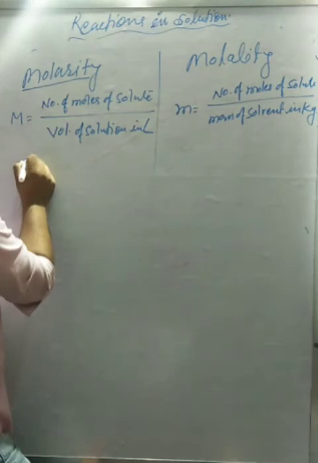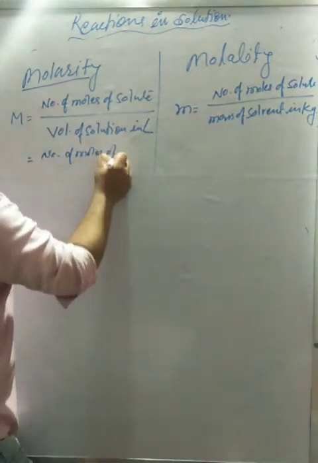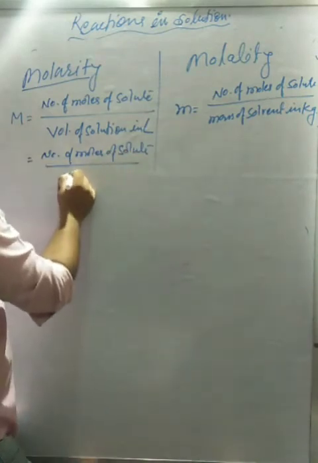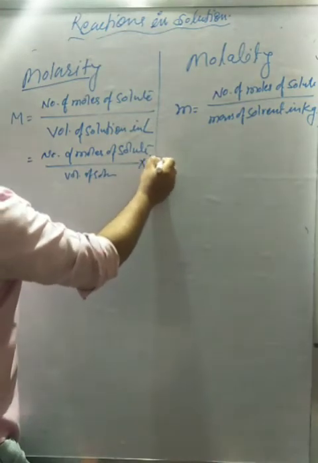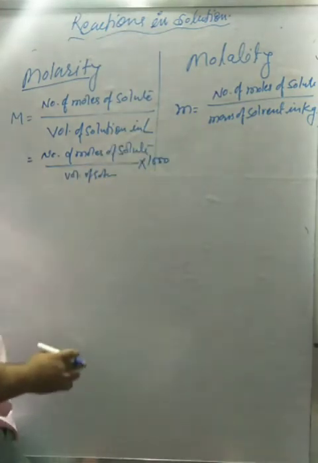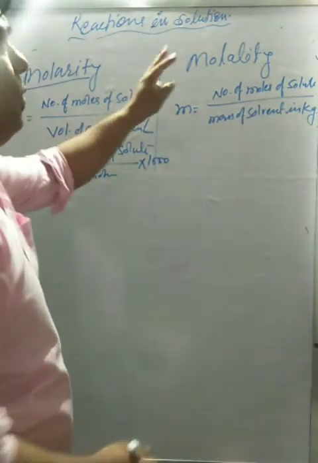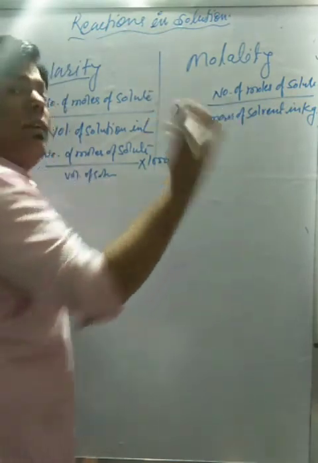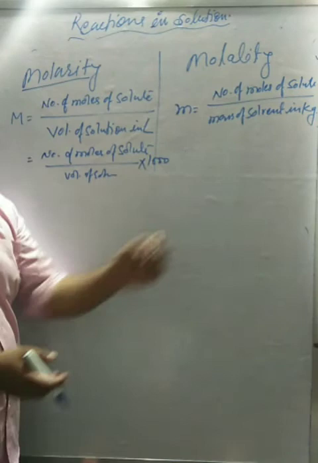Or the number of moles of solute upon the volume of solution into 1000, if it is not in liter but in milliliter. For molality, it is the number of moles of solute divided by the mass of solvent in kg. That is the difference between molarity and molality.